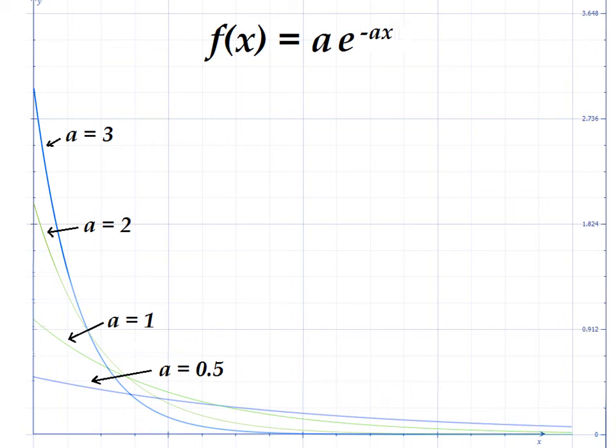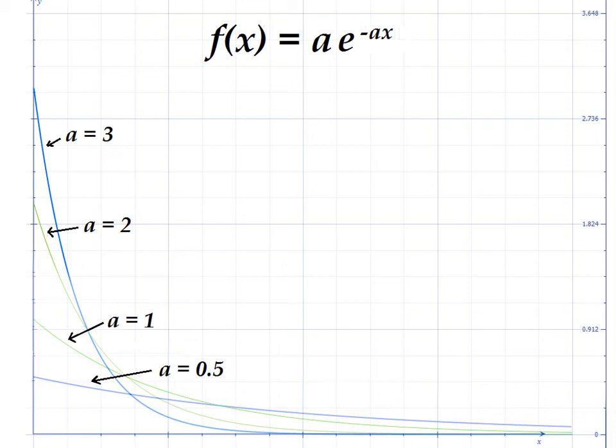Okay, this is a graphic illustration of the exponential distribution given the probability density function f of x equal a times e to the negative ax. By the way, the mean for this important distribution is 1 over a.